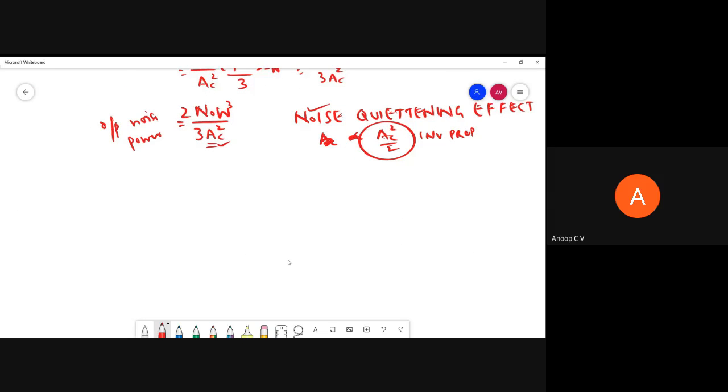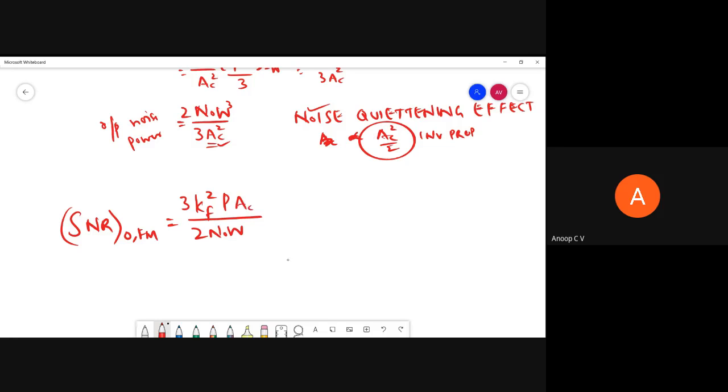So now SNR at the output of FM is equal to, what will that be? It is message power. Message power was, if you remember, kf square times P, divided by noise power, which is 2 N naught W cube divided by 3. So the 3 AC square will come in the numerator.